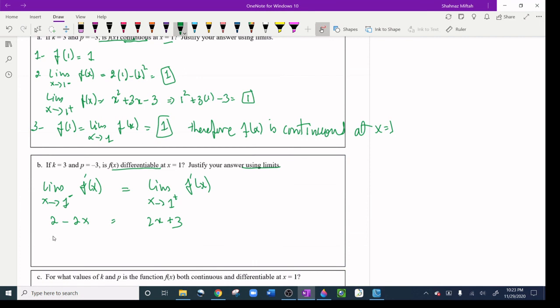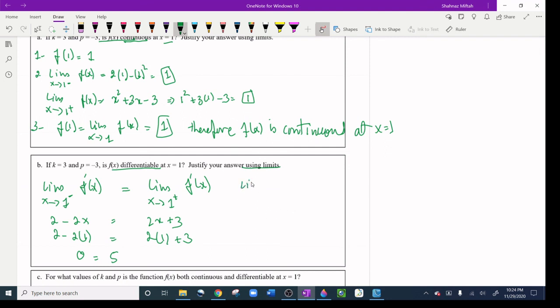So if I plug in 1 here, 2 minus 2 times 1 equal to 2 times 1 plus 3. This is going to give me 0 and this is going to give me 5, which means the limit does not exist because the limits from left and right are not the same.